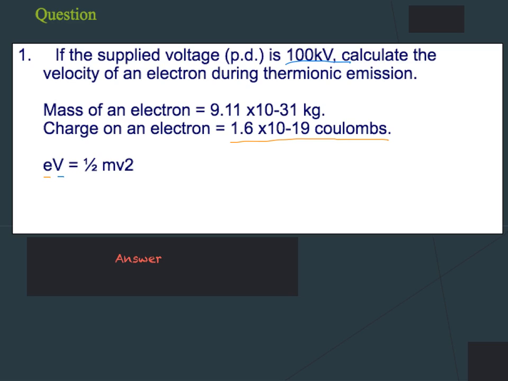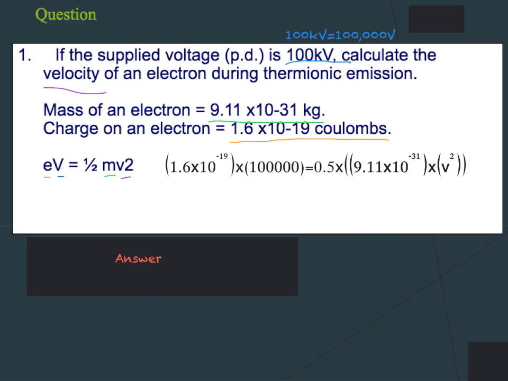Remembering that 100 kilovolts is equal to 100,000 volts. We have also been given the mass, which is M, at 9.11 times 10 to the minus 31, and this time we will be looking for V, which is our velocity. So when we plug our numbers in, we get the following.